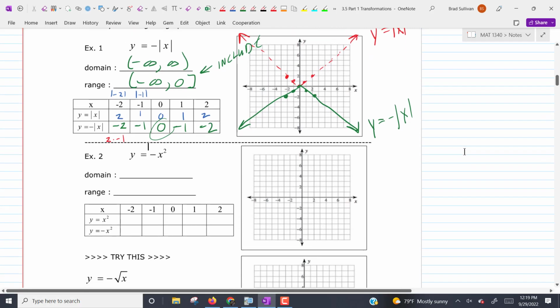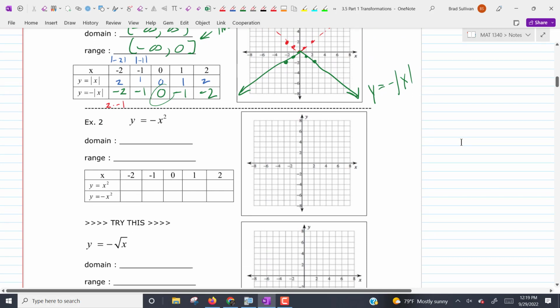We're going to start these things off simple. Okay, the next one, the elementary function is y equals x squared, okay? What we do is square these x values. Again, do all this in your head. So we got -2 squared is +4, -1 squared is 1, and then 0, then 1, then 4.